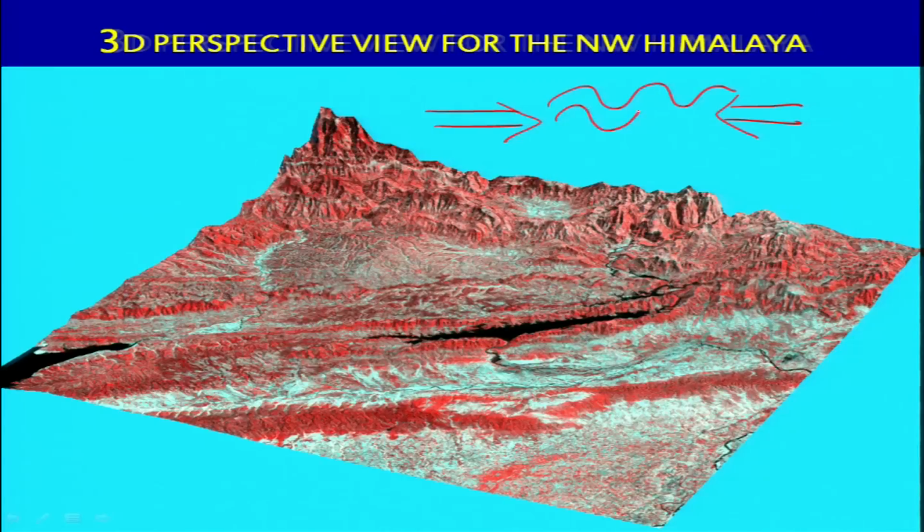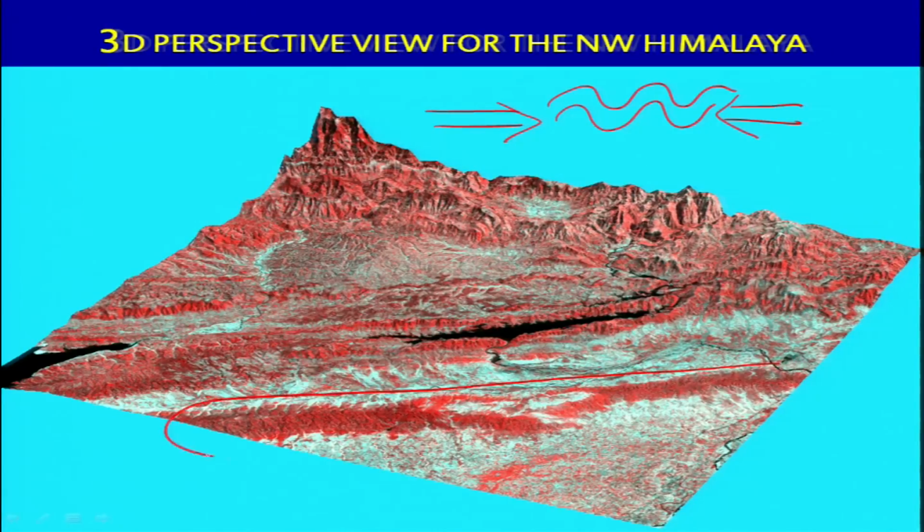Okay, and if you try to read some textbooks where the explanation of the Himalaya has been given, we say folded chain of Himalaya. So we have a number of folded chains. Okay, so this is one which has been seen here.